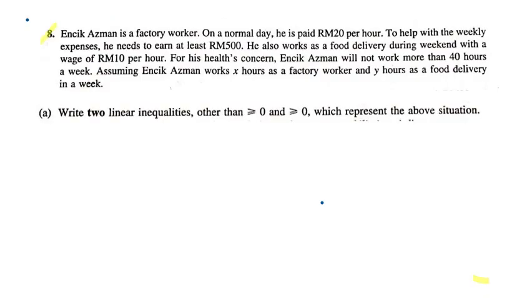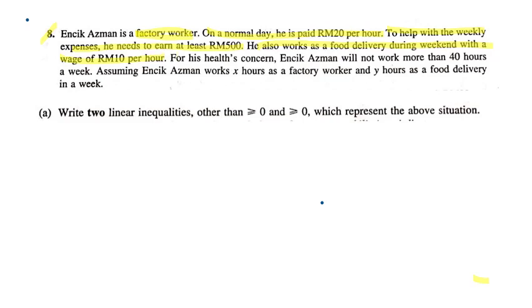Okay, question number 8. Jasmine is a factory worker. On a normal day, he's paid RM20 per hour. To help with his weekly expenses, he needs to earn at least RM500. He also works as a food delivery person during the weekend with a wage of RM10 per hour.